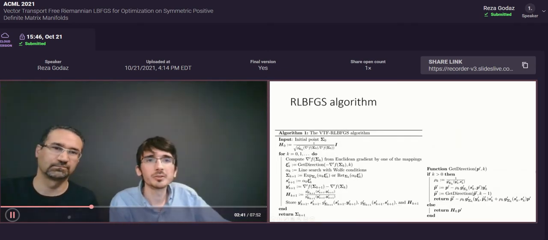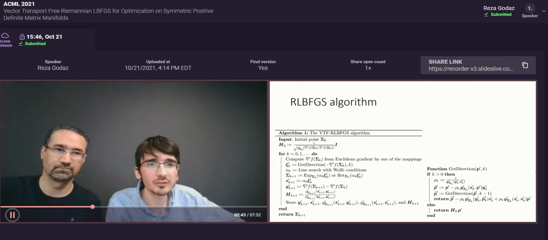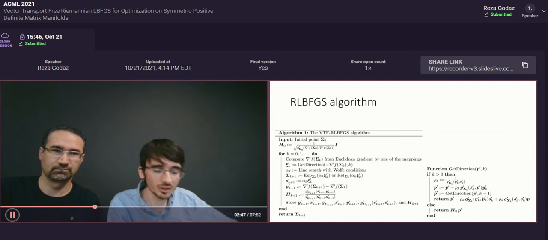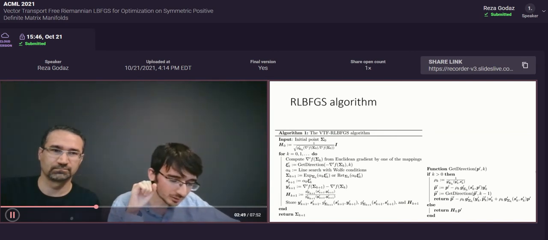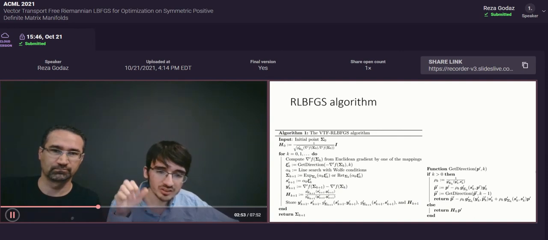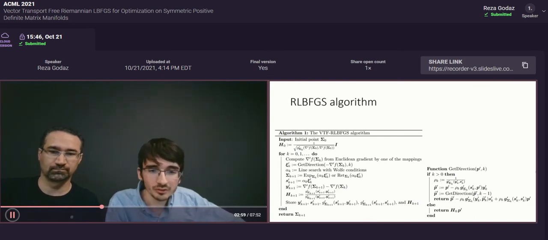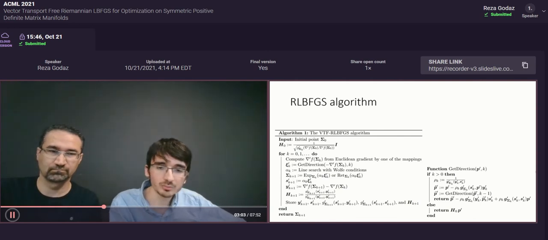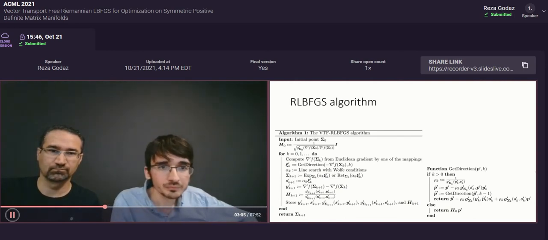Okay, now we talk about the RLBFGS algorithm. As you can see here, the Riemannian LBFGS algorithm is just an extension of the LBFGS algorithm to the Riemannian world. For the LBFGS algorithm, you can refer to the Nocedal and Wright book on optimization.